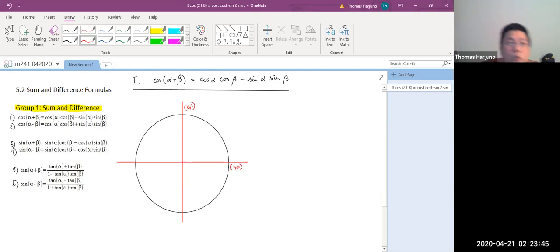Now I want to construct two angles. The first angle is angle alpha. So this is angle alpha here. And because this is a unit circle, the coordinate of this point here must be (cosine alpha, sine alpha).